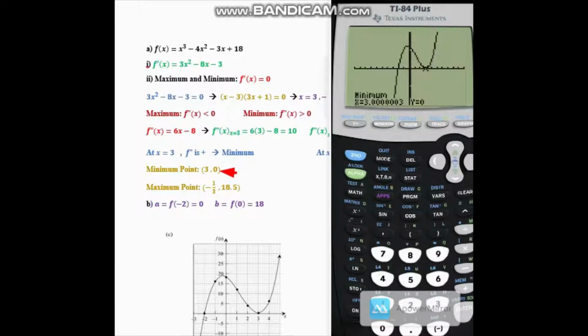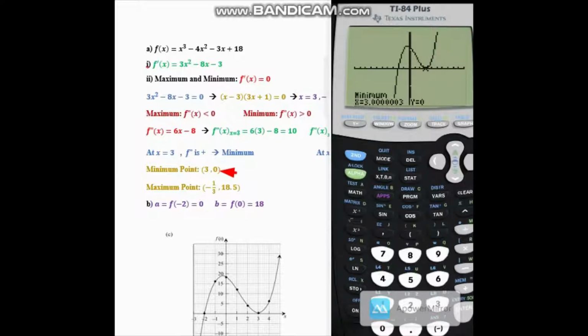So you can always use the GDC to check your answer if there are a lot of marks provided for getting the minimum and max. What I mean to say is, if there are a lot of marks, you have to do it manually and then use the GDC to check your answer. If there are only 1 or 2 marks, you can get the answer using the GDC automatically, and the wording of the question will differ.